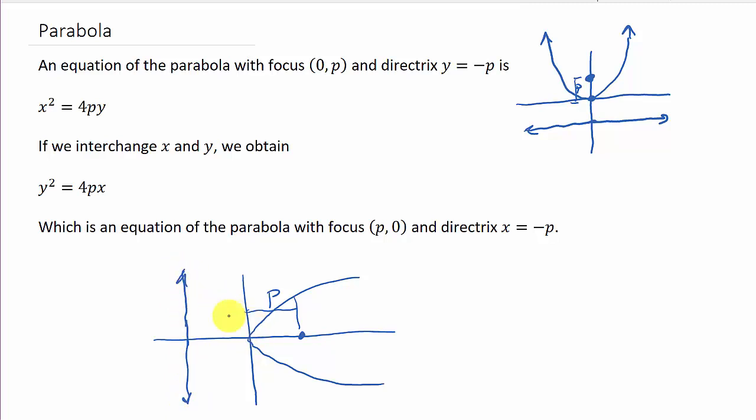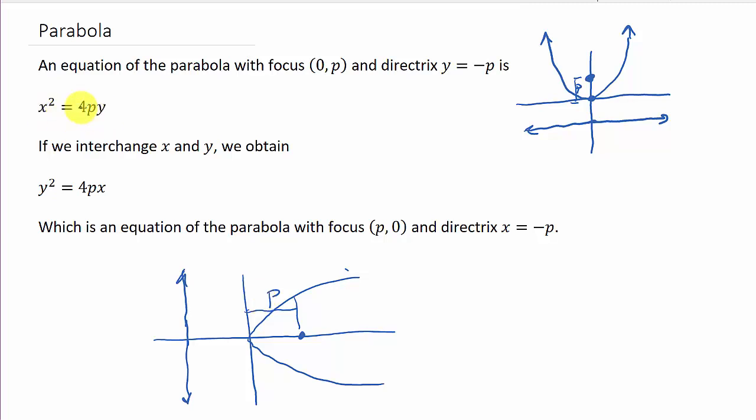Now, don't try to memorize that you have to add p to this to get the directrix, or subtract p to get the focus. The best thing to do is just sketch out the information you're given, and it makes it a lot easier to work. And plus, not all the parabolas are going to have the vertex at 0, 0. Sometimes it may not.